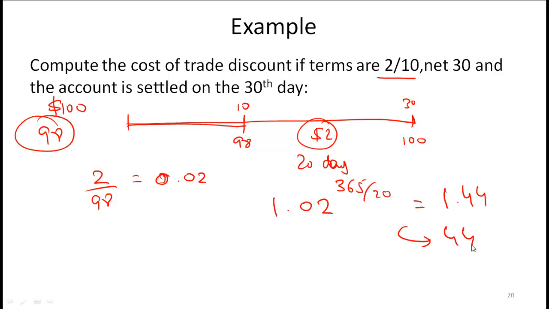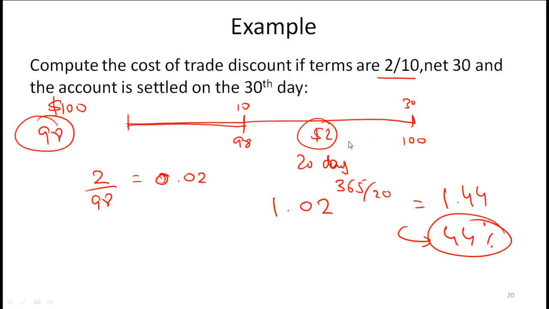So this is 44%. So if you are paying on the 30th day, on an annualized basis your rate is 44%. And that clearly shows you that the most sensible thing would be to actually take the 2% discount and pay 98 by day 10.